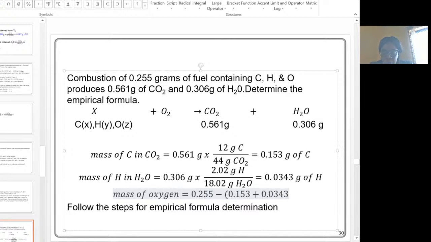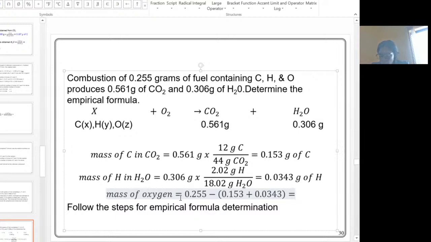Okay. So that will give us the mass of oxygen. You subtract the sum of the mass of carbon and hydrogen from the total mass.